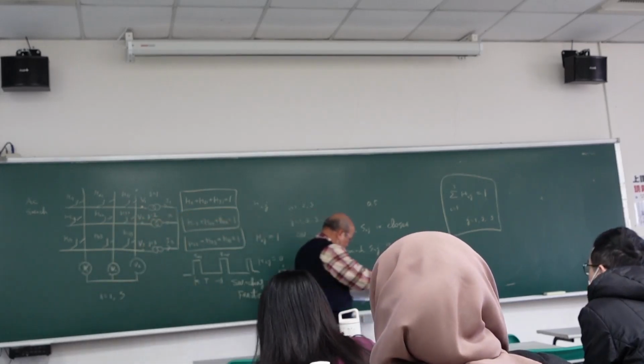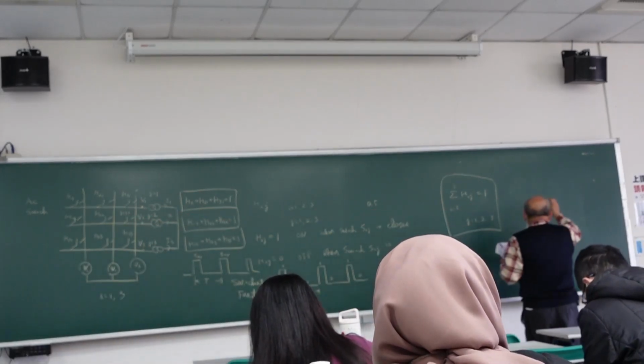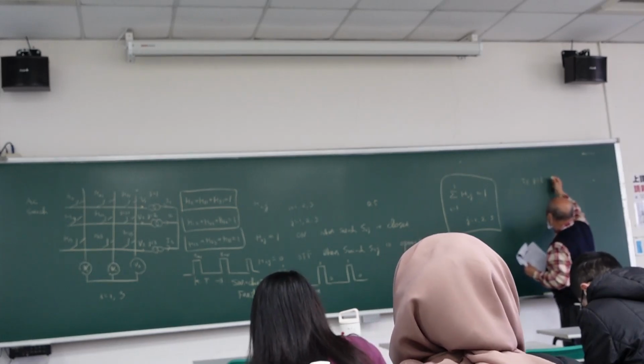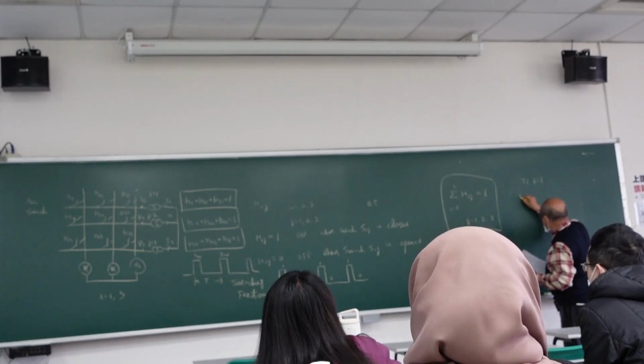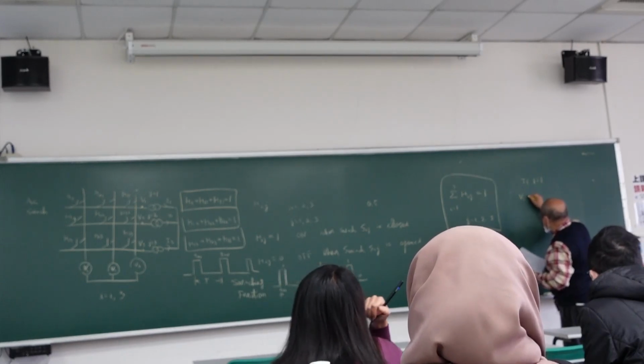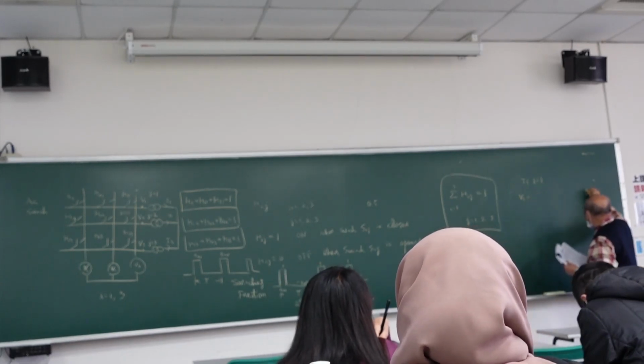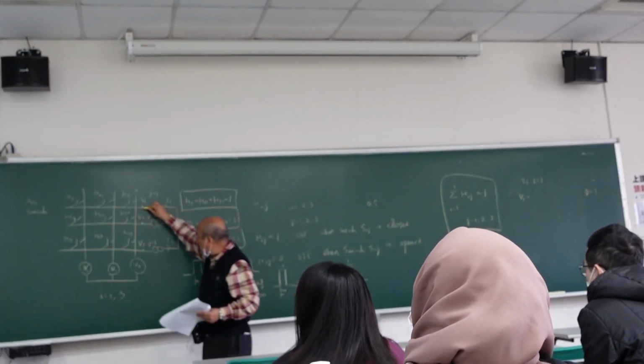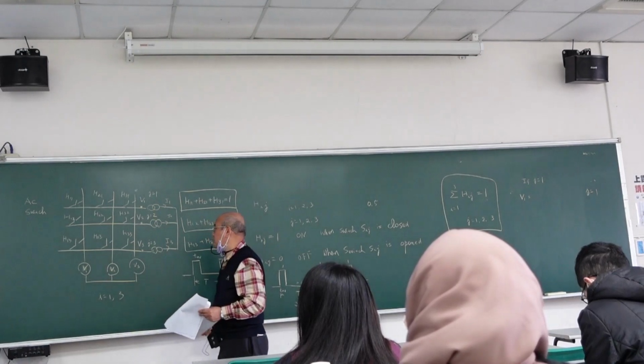So how about V1? If j equal to 1, we want to check the output V1. So how can you describe this voltage?